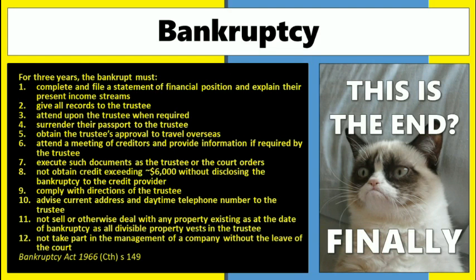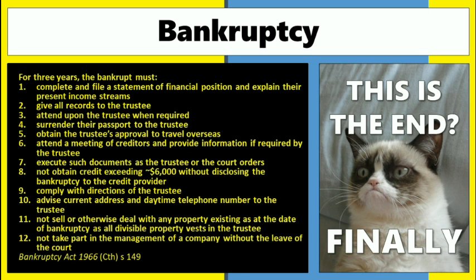And the final thing to note is that bankruptcy, which usually lasts for 3 years, requires the bankrupt to do a series of steps and refrain from doing a series of other things, generally to do with large financial transactions. So they have to arrive to court, they have to fill in the statement of financial position, they have to give all of the records, documents to the trustee, essentially to transfer title to the trustee.